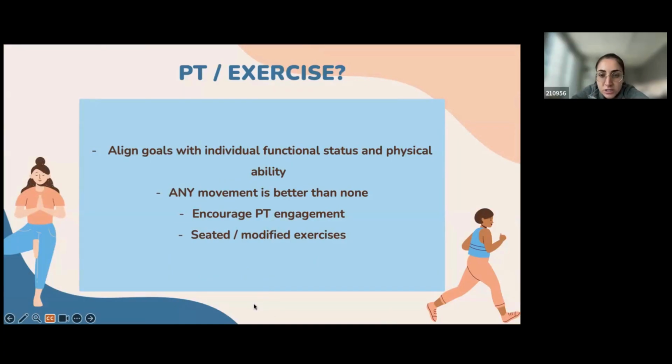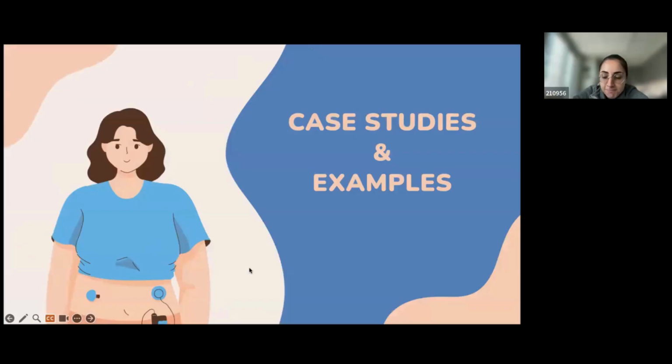We can encourage seated or modified exercises to provide benefits for those with mobility limitations. But in general, a well-balanced diet, regular physical activity, and routine all contribute to stable blood sugars, muscle preservation, and overall well-being in older adults with diabetes.